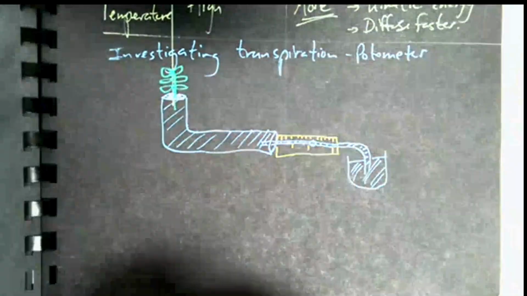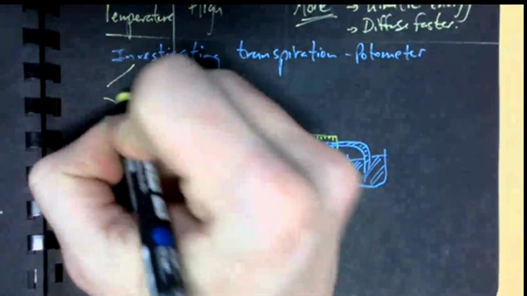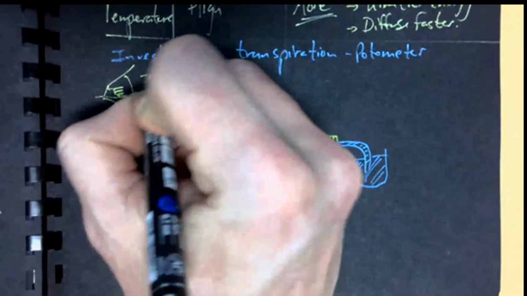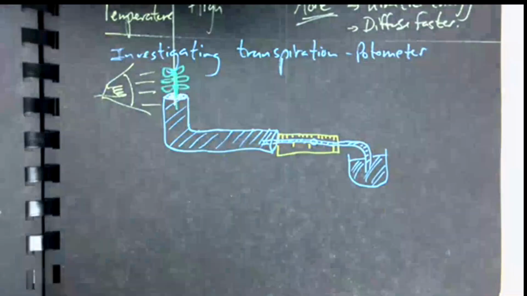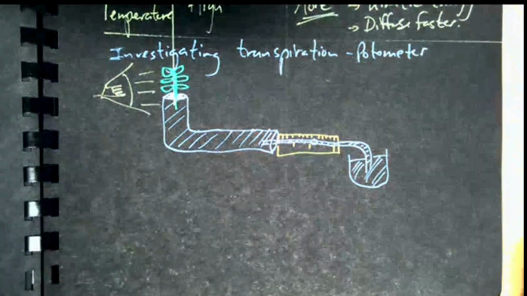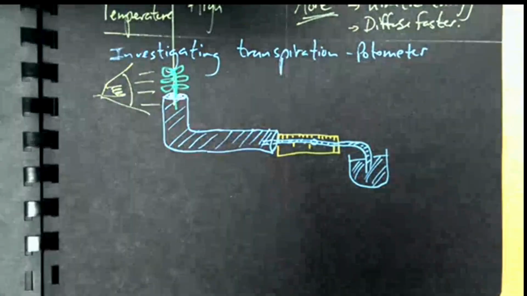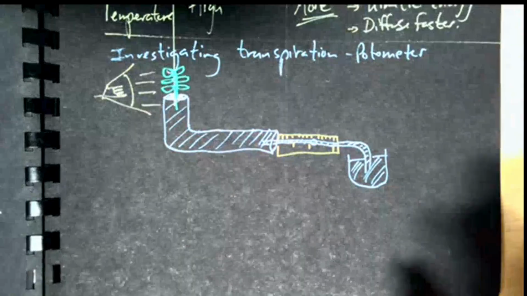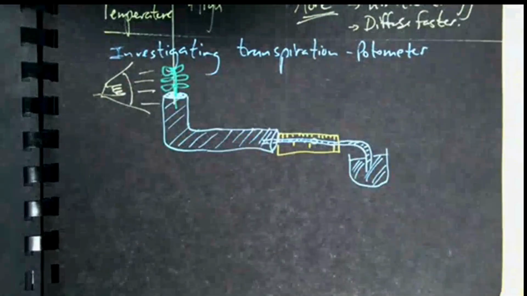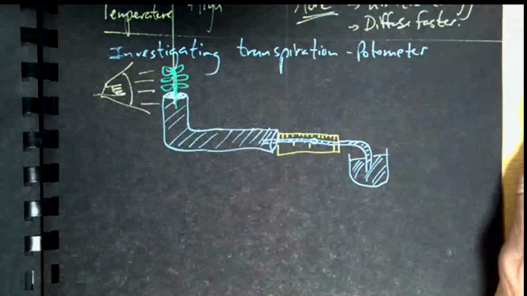And then what I can do is increase light intensity. So here's my lamp, and I'm going to increase the light intensity. And as I've said in my table up here, when I increase light intensity, the guard cells are responsive to that. They become turgid, they open up, and therefore the plant's going to photosynthesize, but it's also going to lose water vapor.